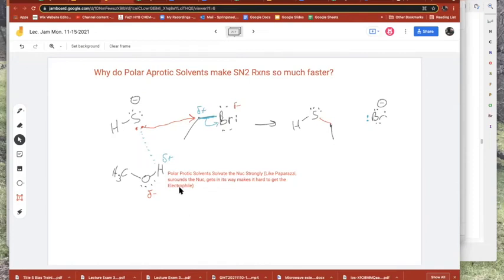But since the transition state has partial charges, it still needs a polar solvent, but polar protic is just too polar.